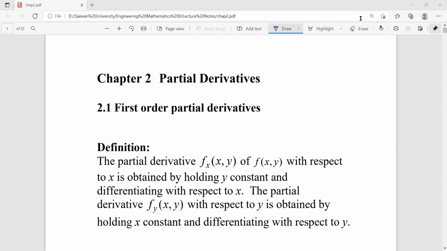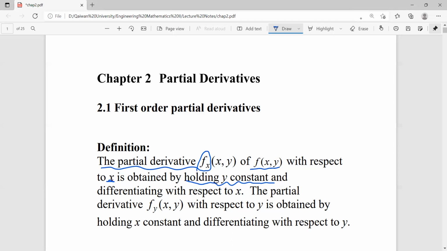We are going to take the first partial derivatives for the functions here. We say like this. The partial derivative f sub x of f of x, y with respect to x is obtained by holding y constant.